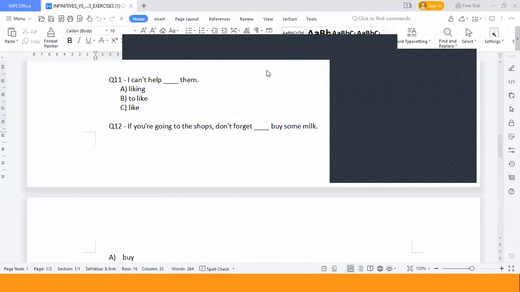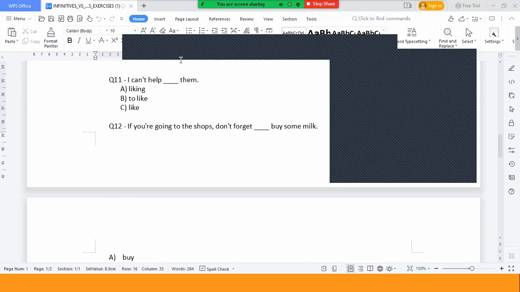No puedo ayudarlos. ¿Ayudar a qué? Gustar? Doesn't make sense.